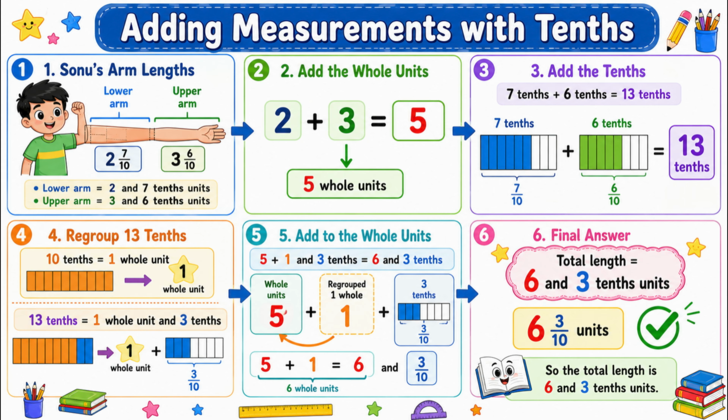But 13/10 is more than one whole unit. Since 10/10 make 1 unit, 13/10 is equal to 1 unit and 3/10. Now add this to the 5 whole units. 5 plus 1 and 3/10 equals 6 and 3/10. So the total length is 6 and 3/10 units.